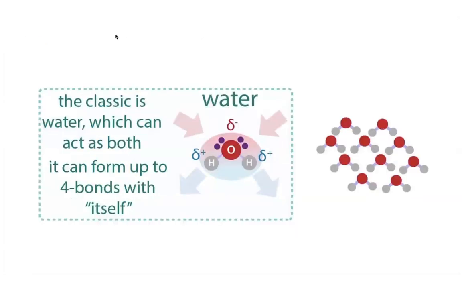Water is like our classic example, because in this example, well, you have these two groups that can act as our acceptors. And you have these two groups that can act as our donors.